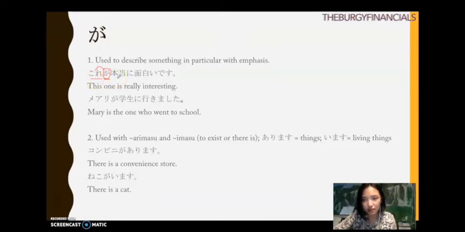Note that instead of using wa, we use ga in order to describe the subject or to give more emphasis to the subject.